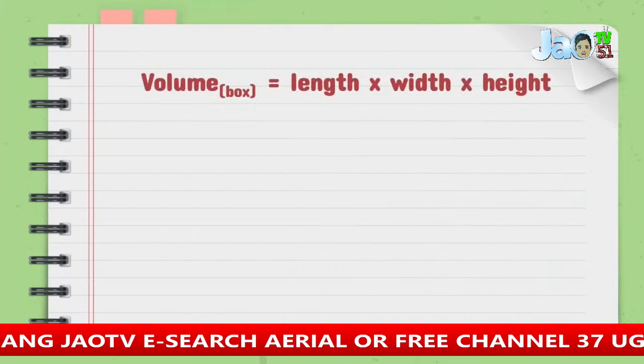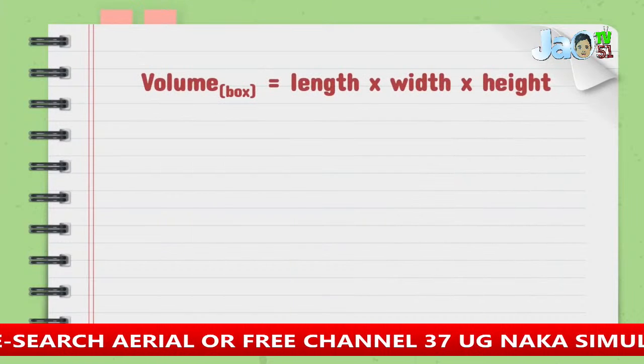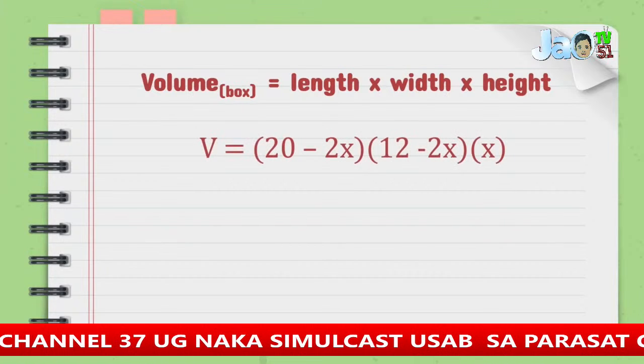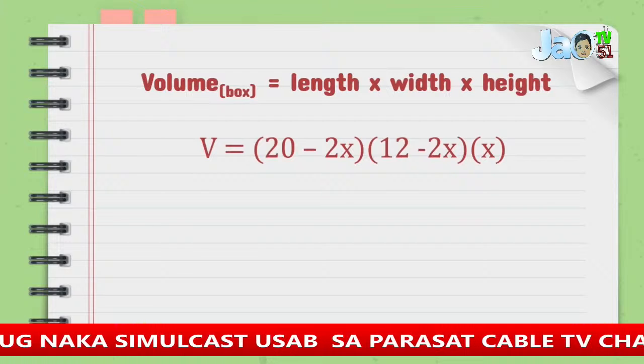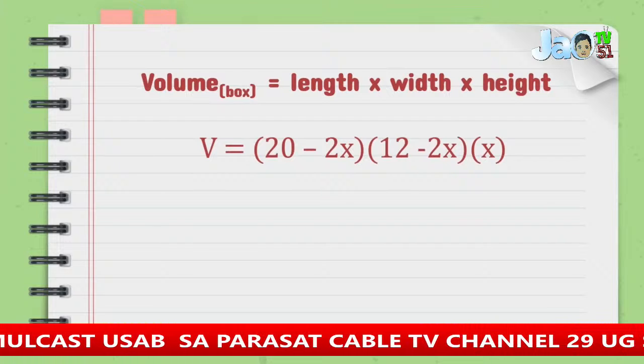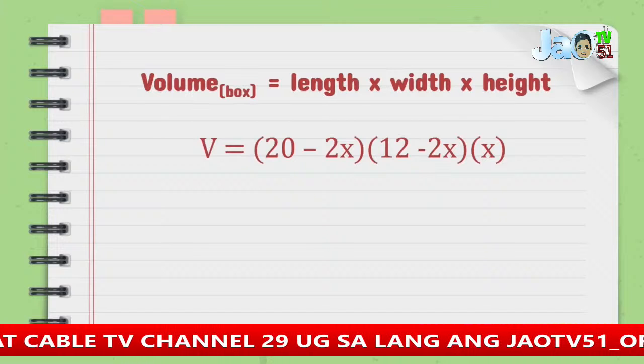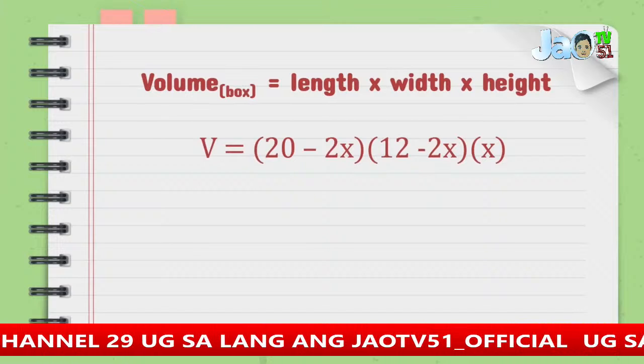The volume of a box is length times width times height. That is, volume is equal to the quantity of 20 minus 2x times the quantity of 12 minus 2x times x.